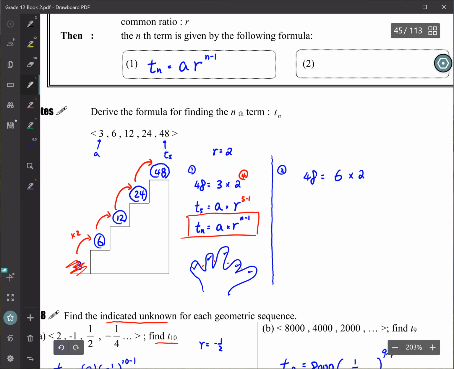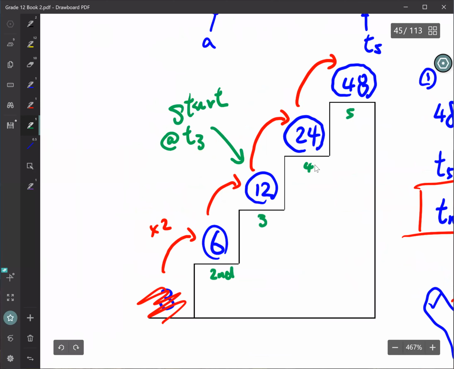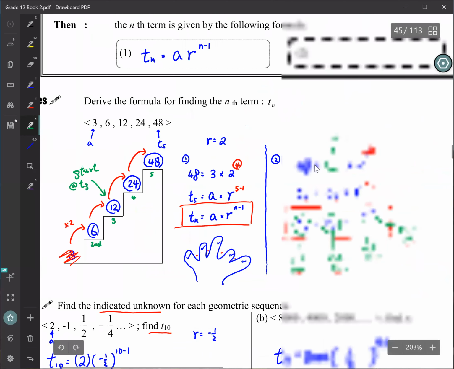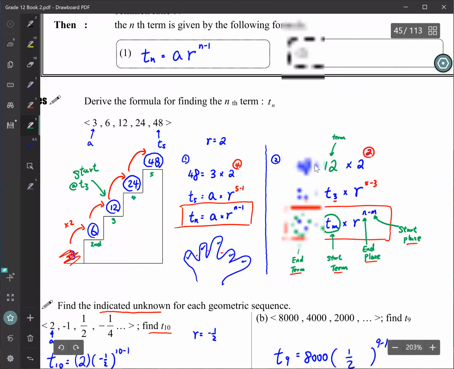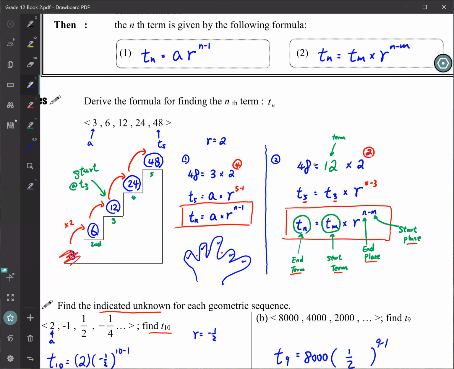All the green numbers are places, and the blue numbers are the terms. I hope that clears it up. You'll see it will get confusing later. So please put the formula into the box on the top, and when you finish writing that, you can raise your hand. Raise your hand when you finish copying everything.